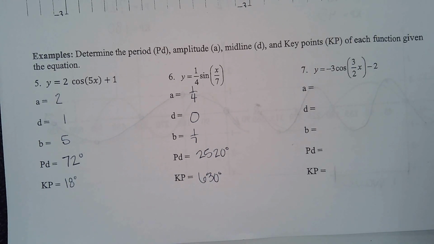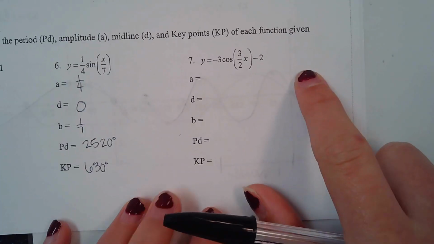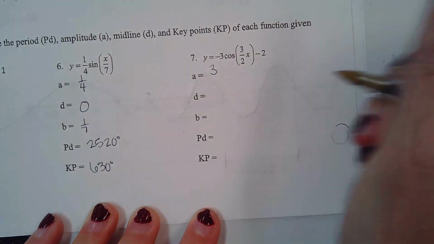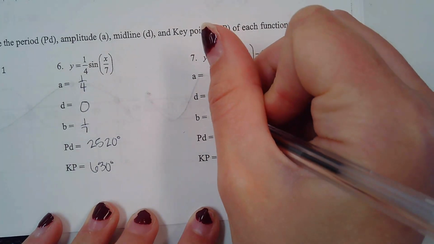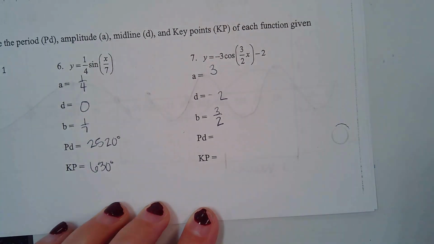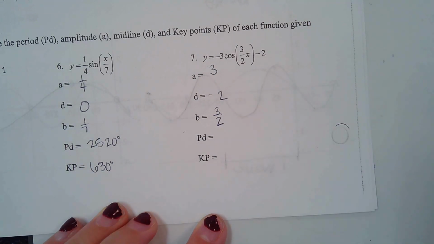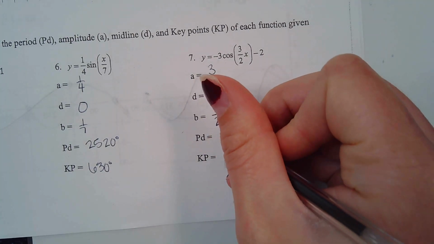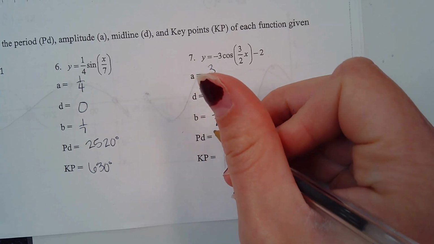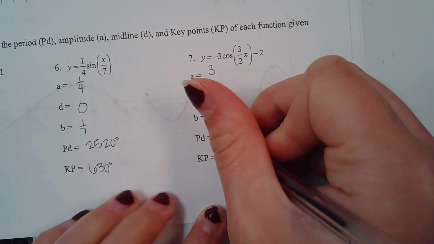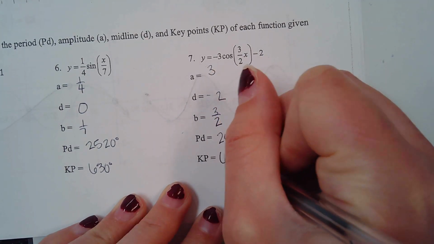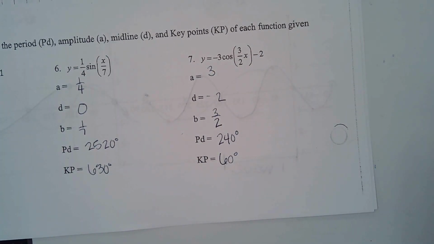Okay. Then for number 7, what's your A value? 3. The D value? -2. B value? 3/2. Your period? 240. You would have to multiply by 2/3 because it's dividing by 3/2. And then divide that by 4 and we get 60. Is that okay? So what does the negative tell us?